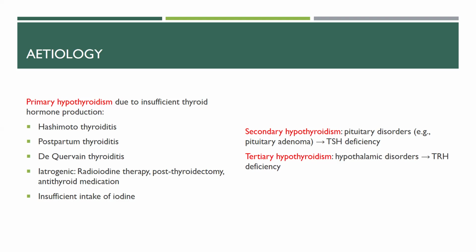Okay, fine, maybe it's Hashimoto's. Oh, you had radiation on your neck, could be that. Or you had surgery, okay, could be. So the order is: insufficient intake, most common worldwide; then Hashimoto's, most common in areas with sufficient intake of iodine; then you can think of all of the rest.